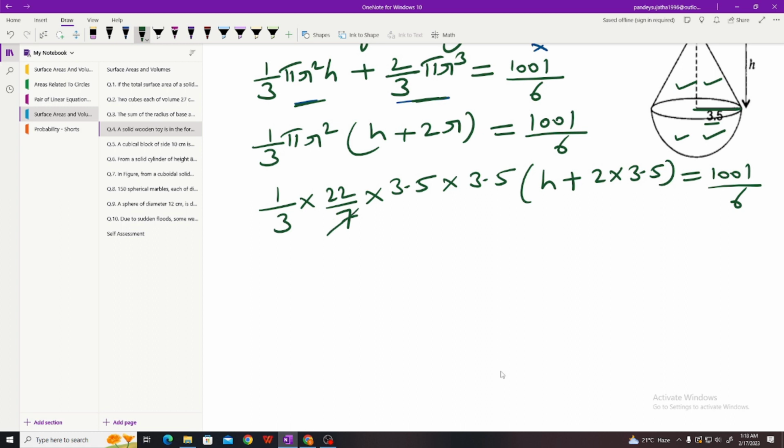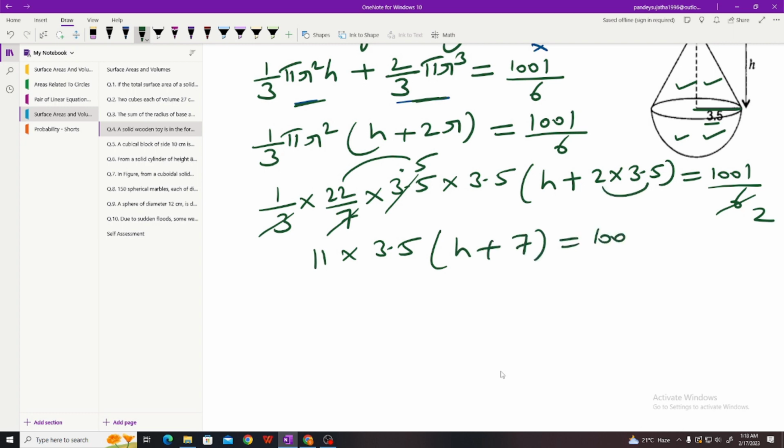So cancel it. When we multiply 22 with 0.5, we get 11 into 3.5. Cancel this 3 and this 6, we get 2 here. So it is h plus 2 into 3.5, which is 7, equal to 1001 upon 2.